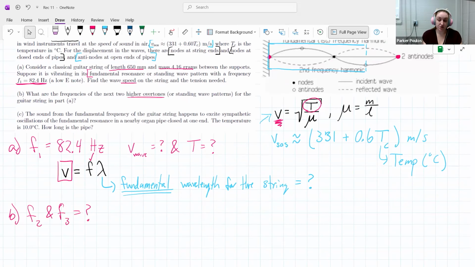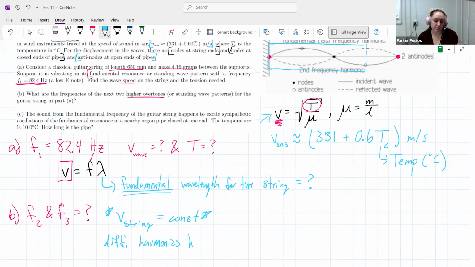And this part is going to rely on the assumption that the speed of this wave in the string is constant. So we know what the speed of the wave is in this string from part A. And so we can say that different harmonics have different wavelengths.